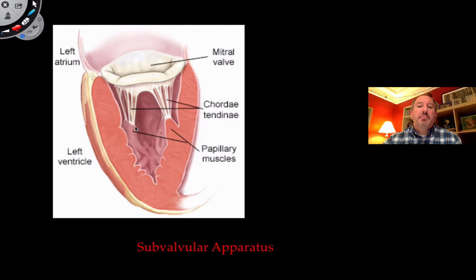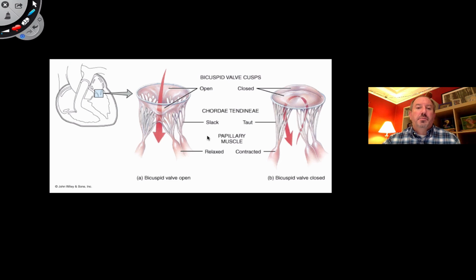And when these papillary muscles contract, they pull on these heartstrings, and they help to manipulate the valve to make sure that it is properly working. When you look at the chordae tendineae and the papillary muscles together, sometimes that's referred to as the subvalvular apparatus, if you're into that kind of terminology.